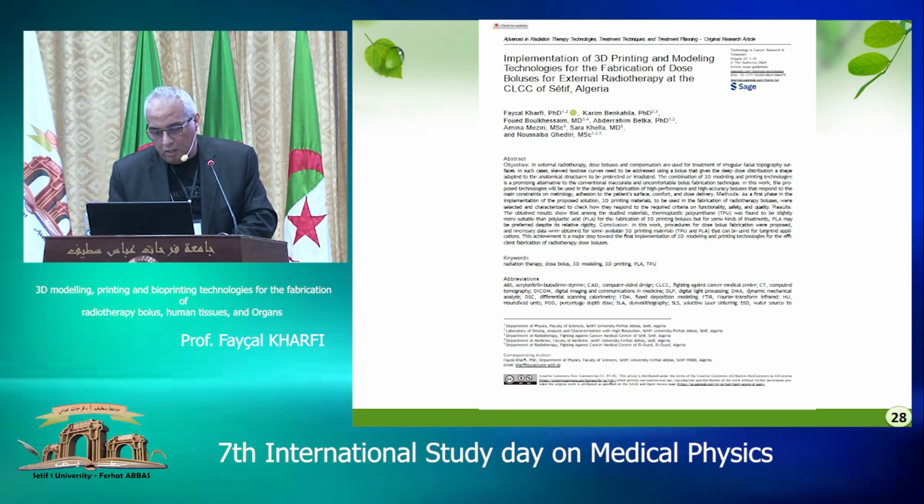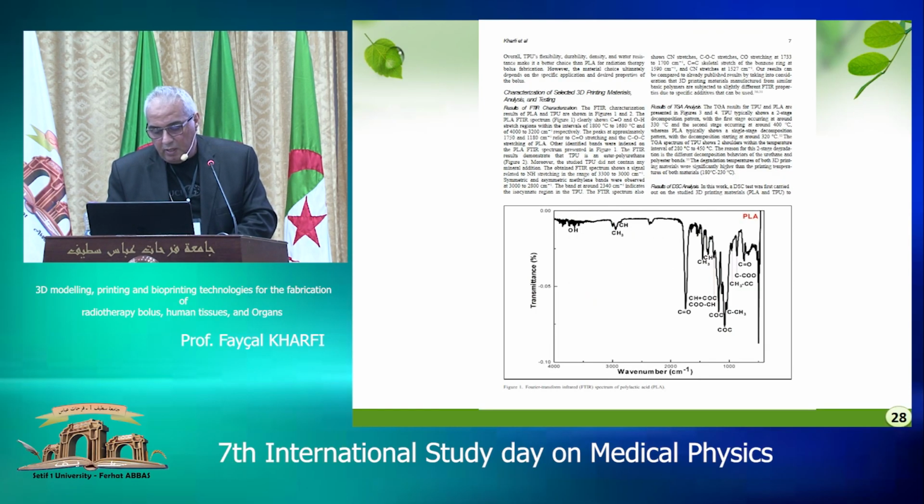So the mechanical property, and the behavior of the material during 3D printing. We published in the first phase of our project the characteristics of the material that we are using to print bolus for radiation therapy.